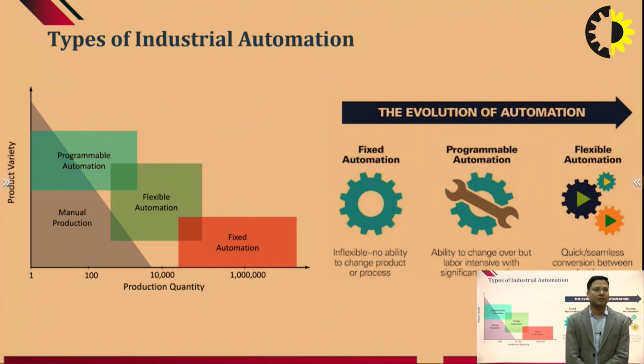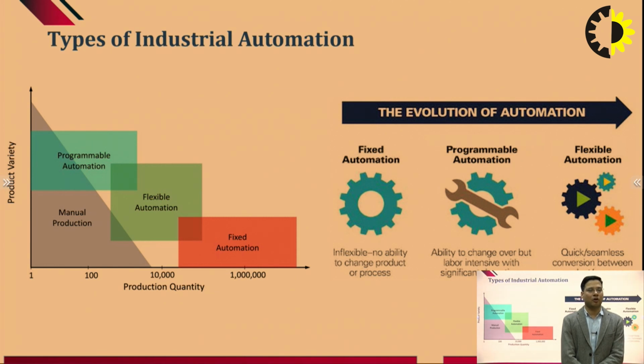This technology is referred to as fixed automation. In the graph comparing variation in design with the quantity of product, in fixed automation we can have a larger number of products developed as compared to the variation in the design.